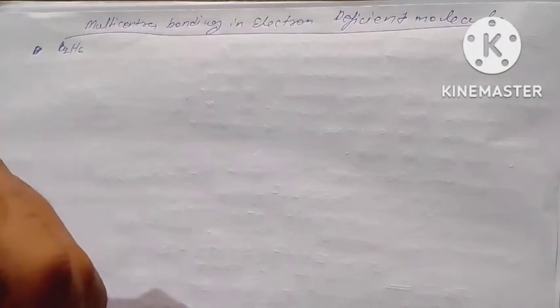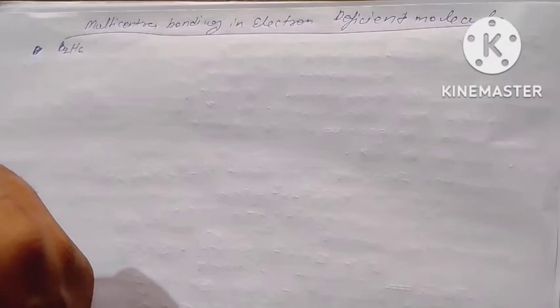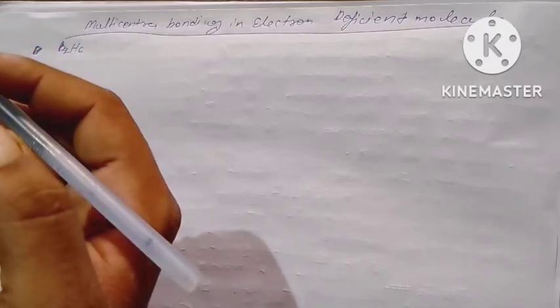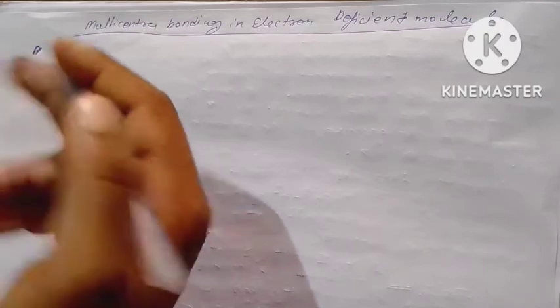Multi-center bonding in electron deficient molecules can be easily explained by taking the example of diborane B2H6 molecule.